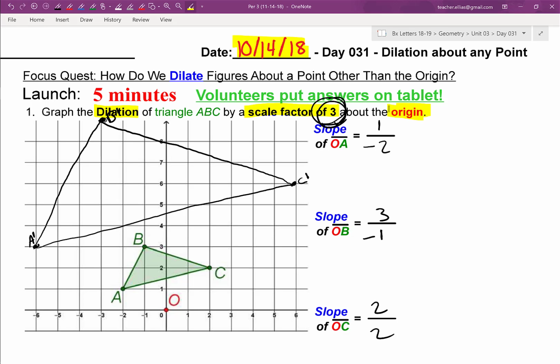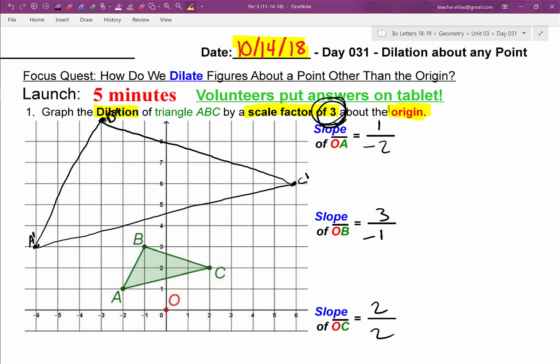So what operation is dilation? Multiplication. What is getting 3 times bigger? The sides are getting 3 times bigger. The angles are staying the same. Dilations preserve angles. That's why the shape is going to stay the same.